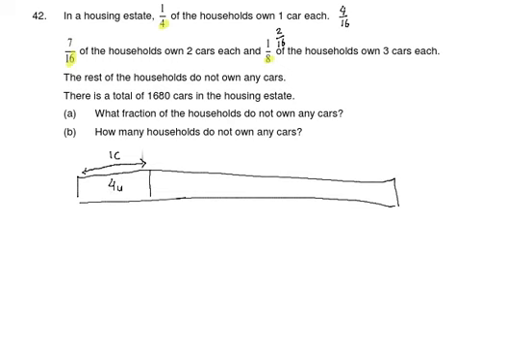Now, I have 7 units that own 2 cars. Two cars, 7 units. Yes? And then I have 2 units with 3 cars.